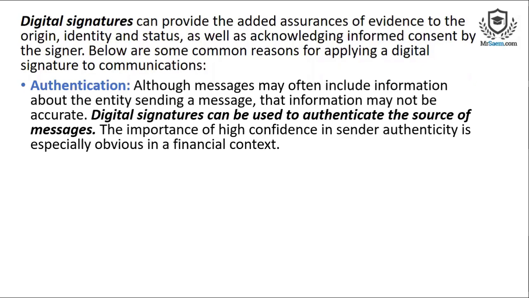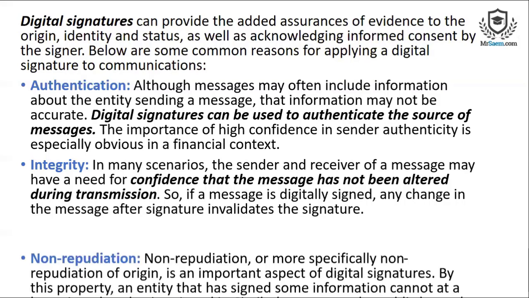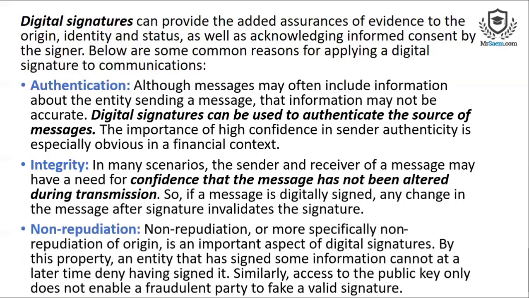Authentication: signatures can be used to authenticate the source of the messages. Integrity: confidence that the message has not been altered during transmission. This is what digital signatures help us with. Non-repudiation: more specifically, non-repudiation of origin is an especially important aspect of digital signatures. By this property, an entity that has signed some information cannot at a later time deny having signed it.